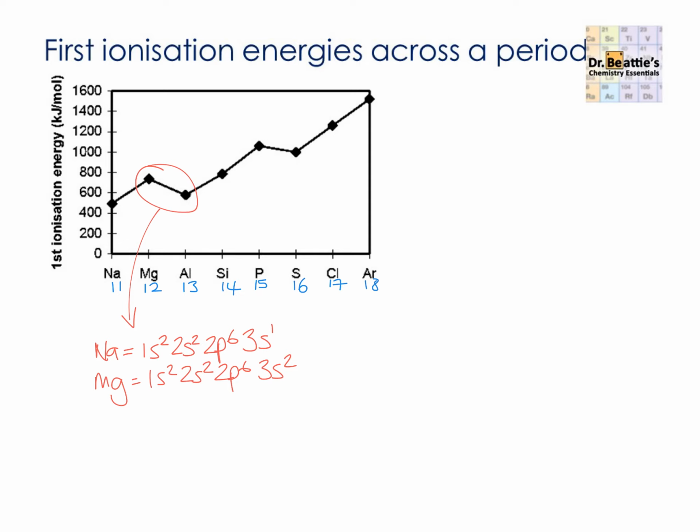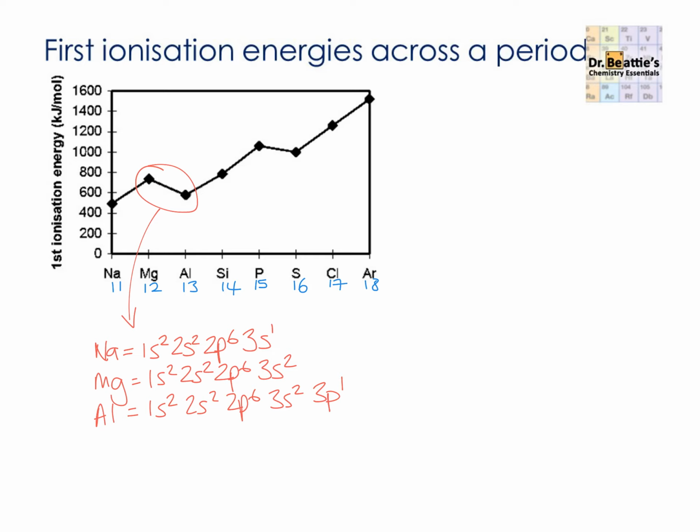And then now we're going to look at aluminium. Now, you'll notice that actually aluminium is also in the third shell, but because the s subshell is complete, the outermost electron is found in a 3p subshell.